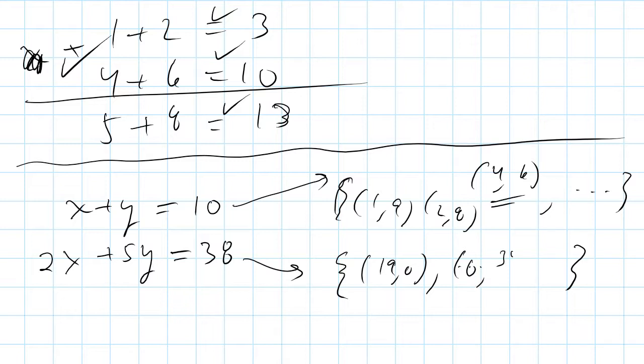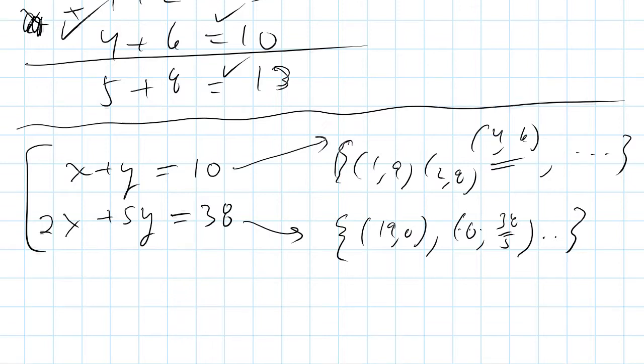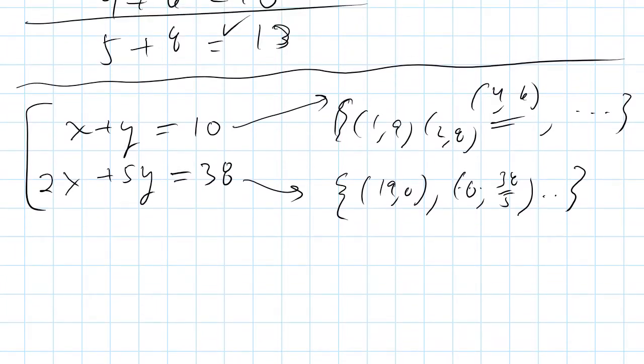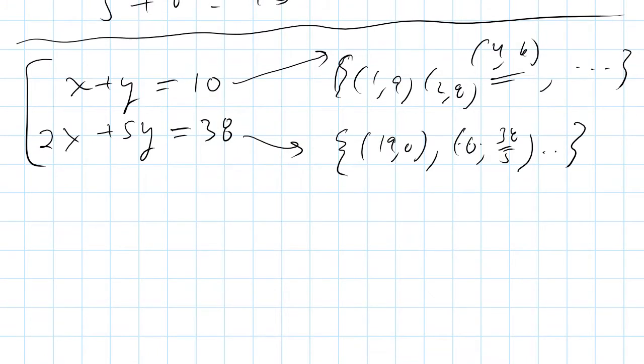0, 38 over 5. These two equations have very different solution sets. And if I graph them, they would be different lines. But if I did graph them, they would intersect, and they'd intersect at the point 4, 6, because 4, 6 happens to be in the solution set for both of them.